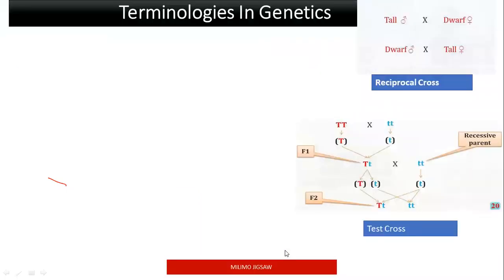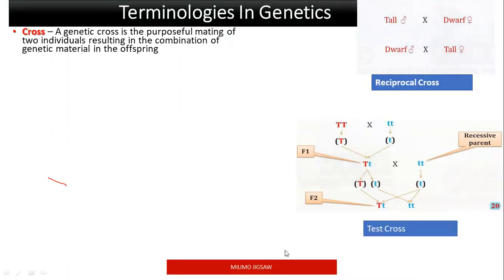And then we have the crosses also. So when we look at the crosses, a cross in genetics is a purposeful mating of two individuals, which results in the combination of genetic material in the offspring.